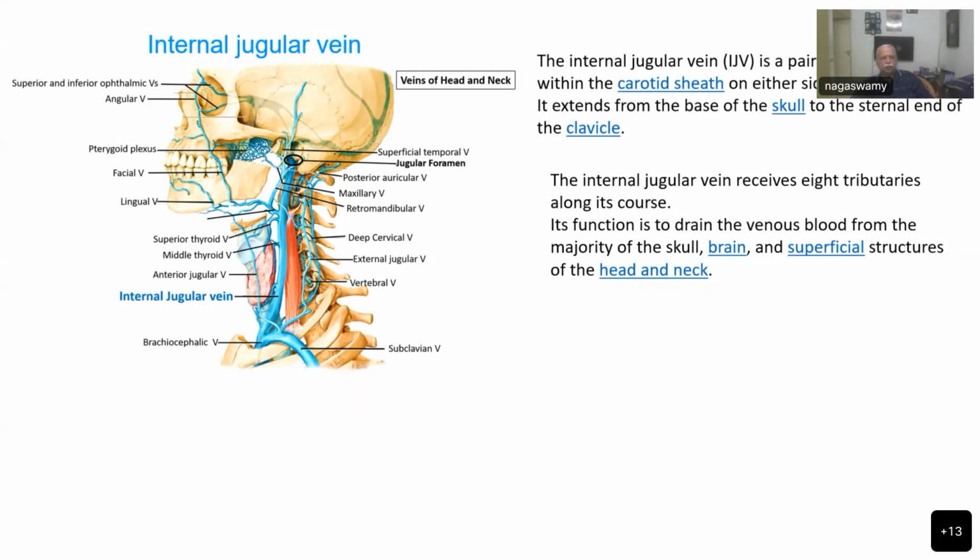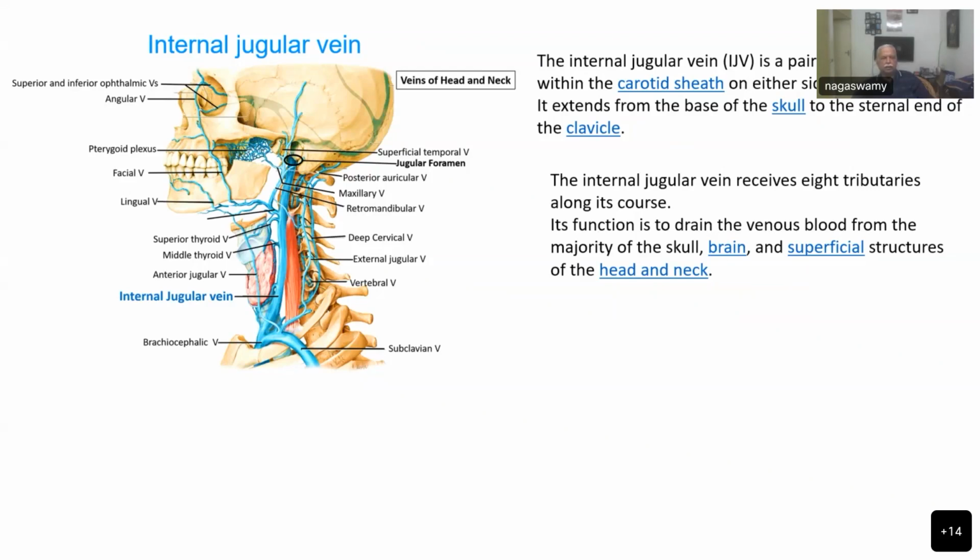So at the level of the jugular foramen, it is the internal carotid artery which is accompanying. A little bit down, at least about 1/3 of the distance, it becomes the common carotid. And the carotid initially is posterior and lateral; what happens is the vein becomes lateral and the carotid becomes medial.